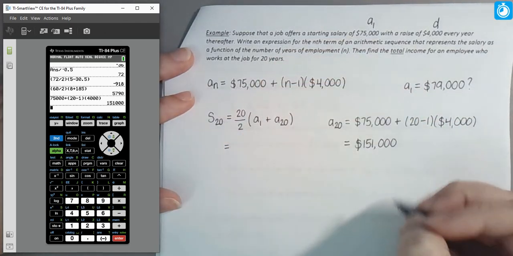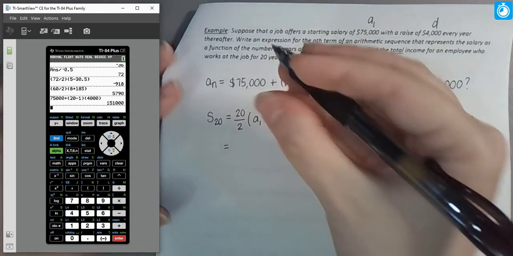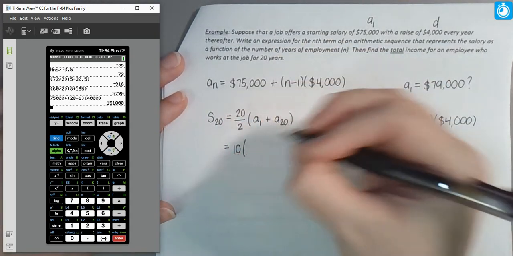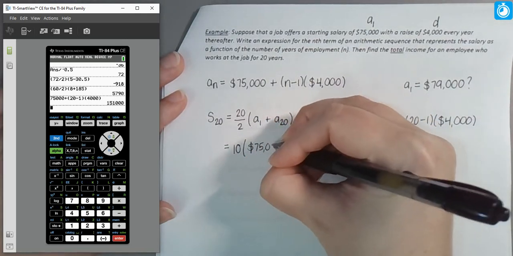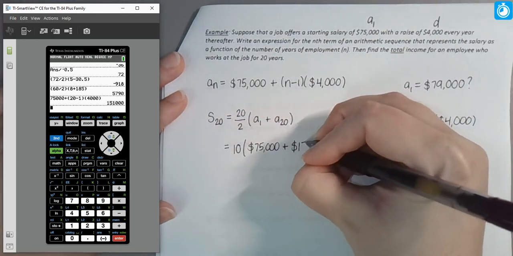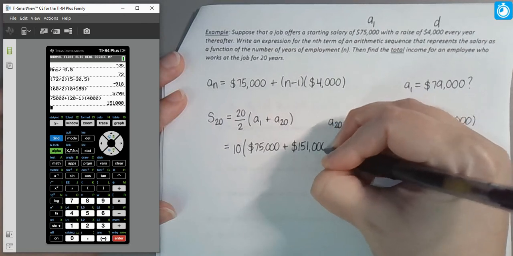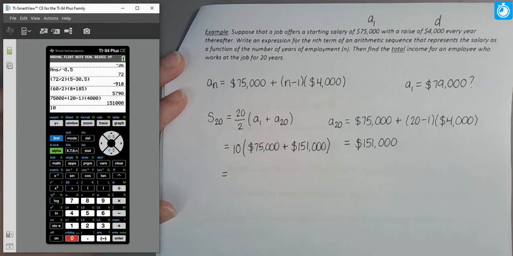So we're going to sub in those values, where we start and where we end after 20 years, to our partial sum formula. So 20 divided by 2, I'll go ahead and simplify that. That's going to be 10. And we're taking 75,000, starting salary, plus the ending salary of 151,000. And we're going to simplify all of that. So 10 times 75,000 plus 151,000. And there we go.